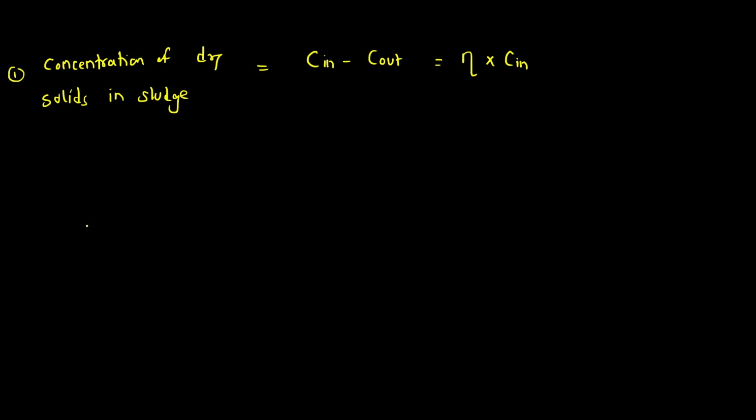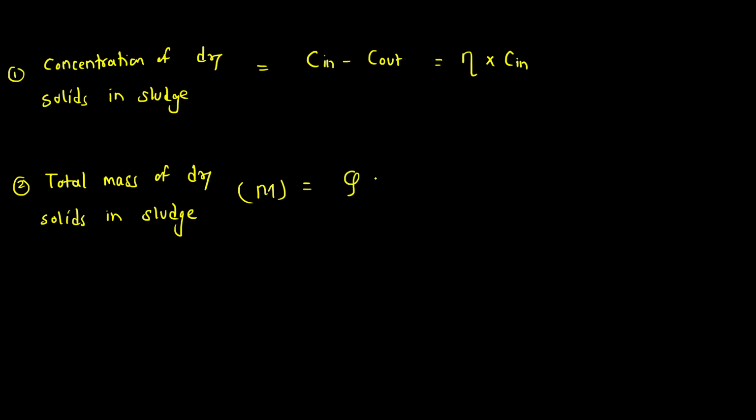Now what is the total mass of dry solids in sludge? So this is concentration. Now the total mass of dry solids in sludge, M, is calculated as Q multiplied by the concentration of solids in sludge.